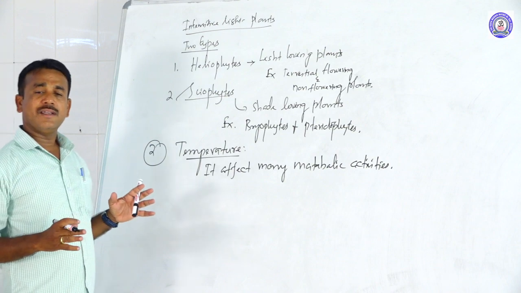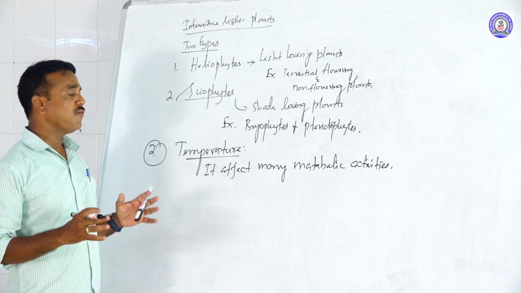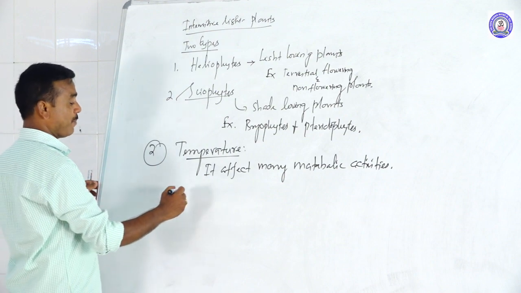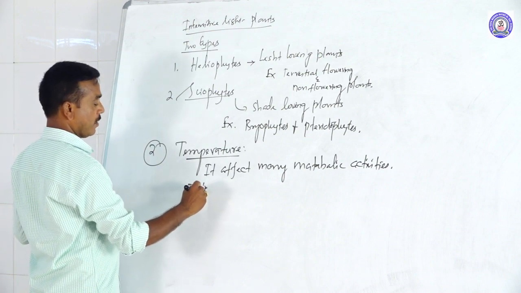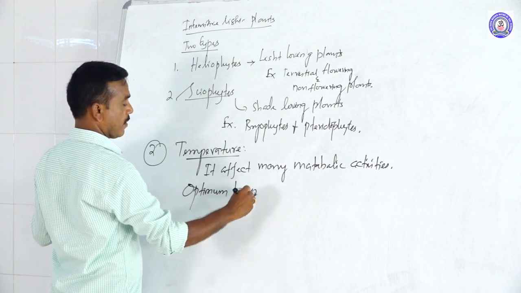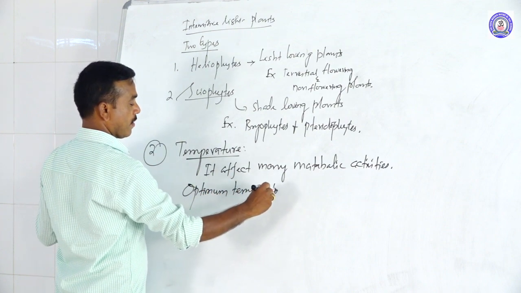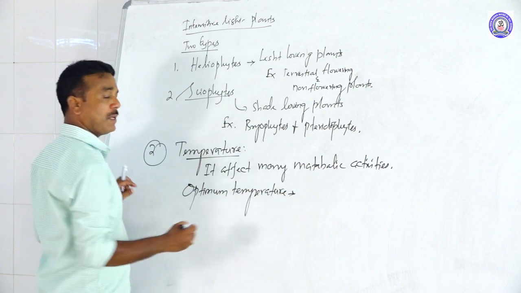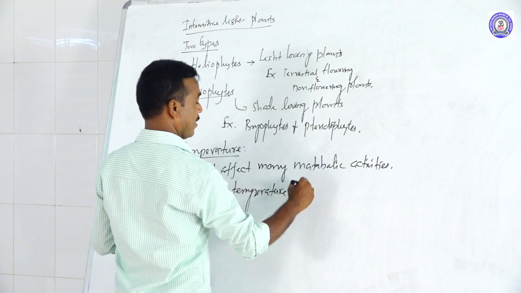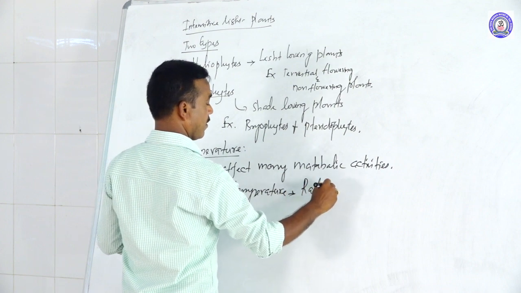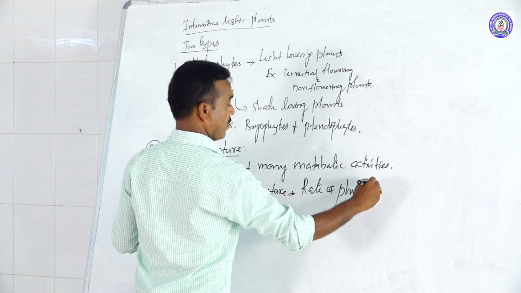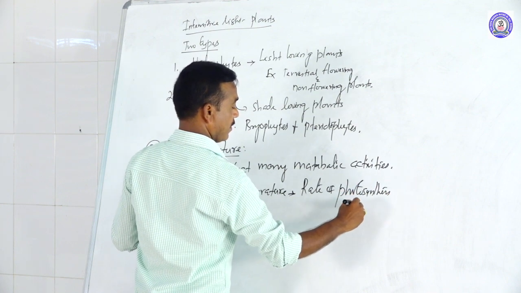When the temperature is such that the rate of photosynthesis is high, it is commonly called optimum temperature. So during optimum temperature, the rate of photosynthesis is high.